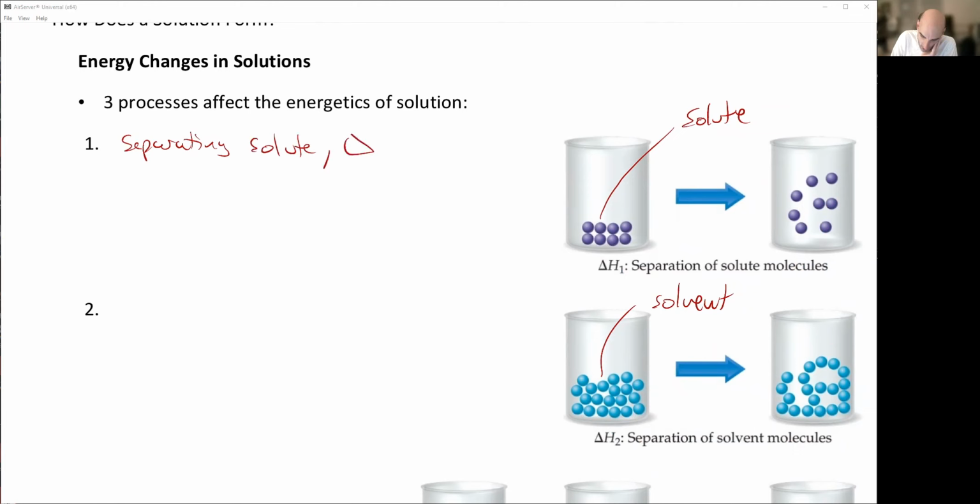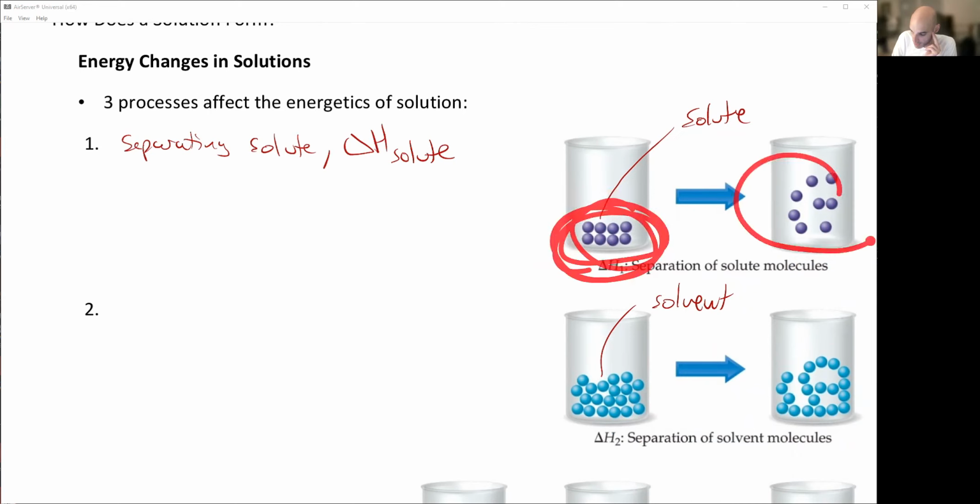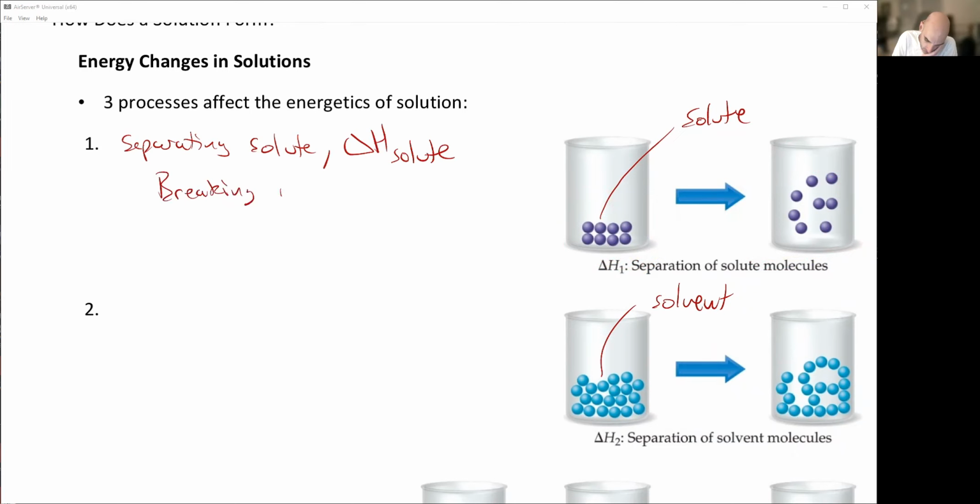We'll call that delta H of solute. That's the energy we're going to need for breaking interactions. I need to convert a solid into parts, things that are pulled apart. So that's going to cost us energy. We're breaking interactions. Because we're breaking interactions, this is a positive delta H. This process is going to be endothermic. It's going to cost us energy to do that.